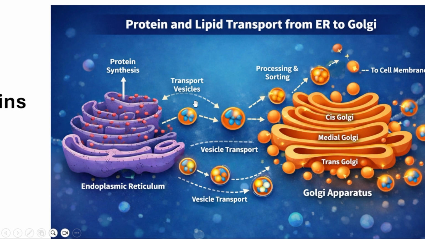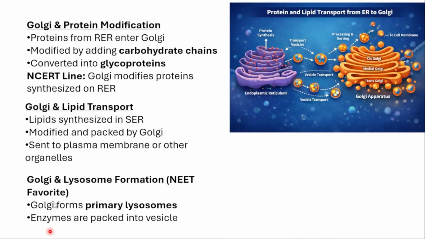From ER to the Golgi, transport vehicles deliver. From Golgi to the other organelles, same transport vehicles, and that's what they are said to be, transport vesicles. Same thing, Golgi and lipid transport. Lipid synthesized in smooth endoplasmic reticulum is modified and packed by Golgi, sent to plasma membrane or other organelles.